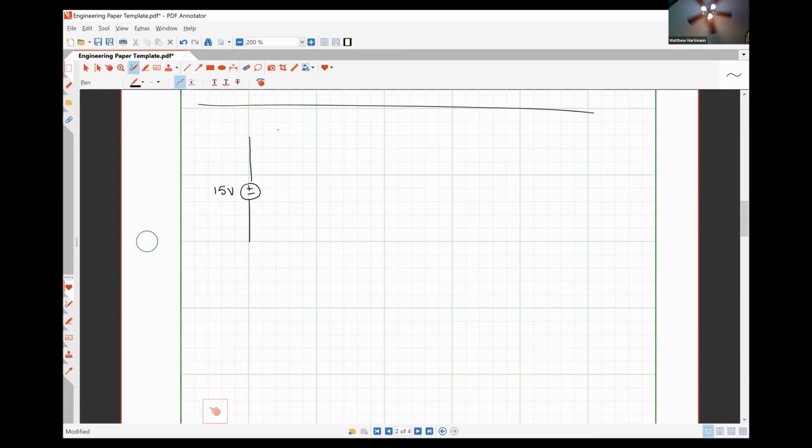We have a generic circuit element A. We have a dependent source twice VC. We have an element B in series with an element C. And then out here we have an element D. I have a source here. It's 5 volts.